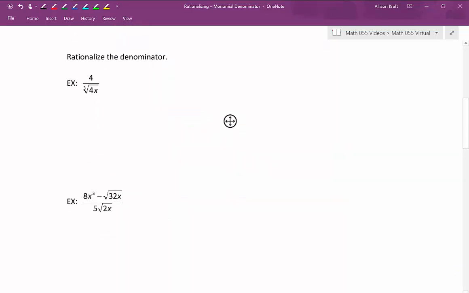So let's rationalize the denominator of 4 over the cube root of 4x. Our thought process is we want to figure out what we have to multiply the denominator by so that we end up with a perfect cube at this point here in blue.